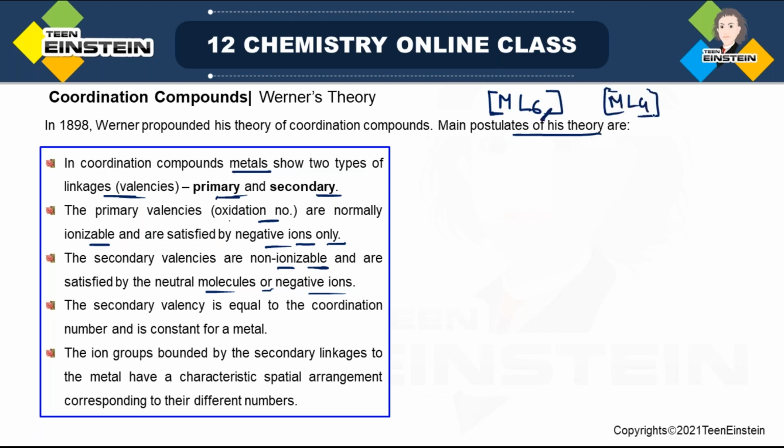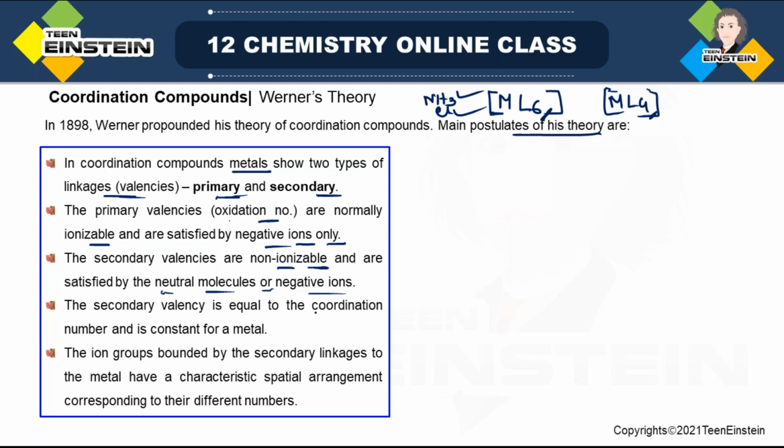So this number is actually the secondary valence. Fine. And the ligands present inside the third bracket may be a neutral molecule, it may be Cl. As you have already seen in the previous slide, sometimes inside the bracket there is ammonia as well as Cl. That means both neutral molecules and ions may be present inside the coordination sphere.